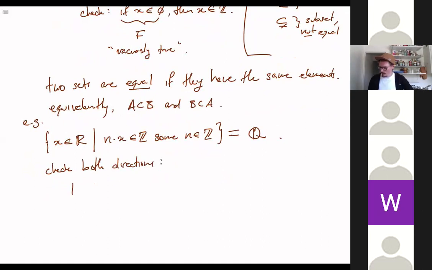I'm going to do, which one should we do first? Let's do left to right first. So I'm saying this thing is contained in this thing.